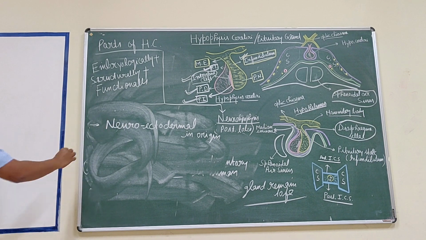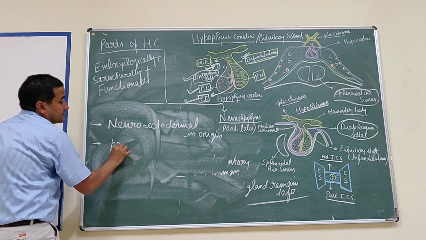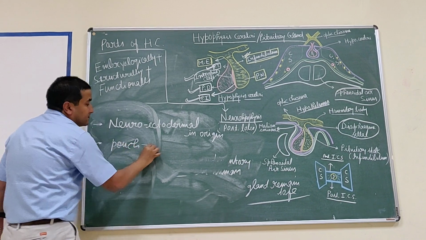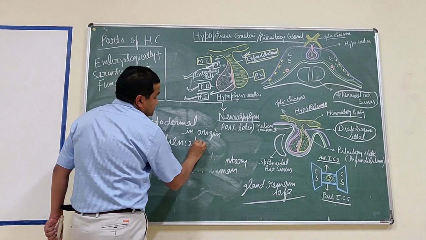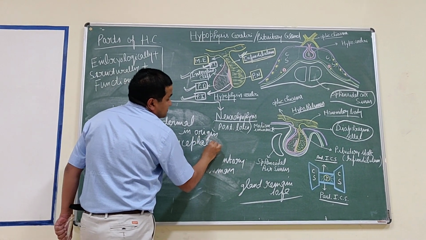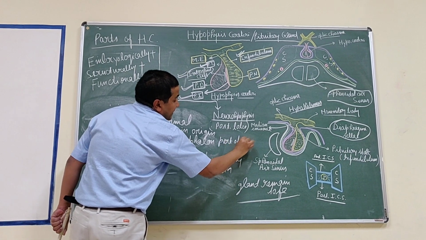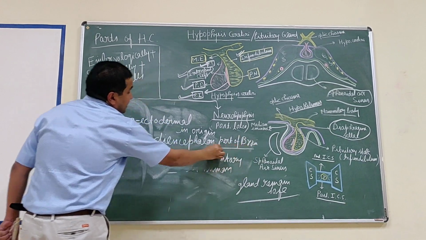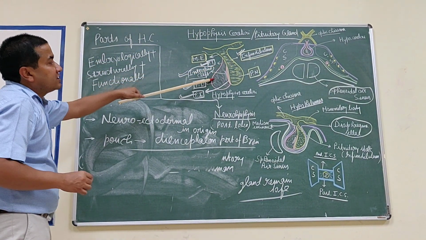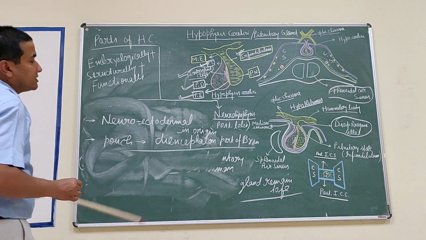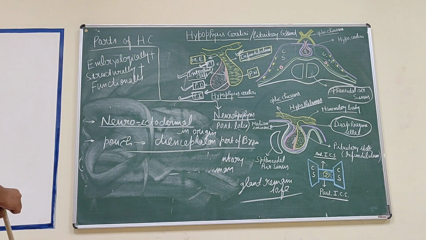It develops from a pouch from the diencephalon of the brain. From that part, in the primitive stage, there is a pouch that goes downwards, and both structures fuse to form the pituitary gland. So it is neuroectodermal in origin.